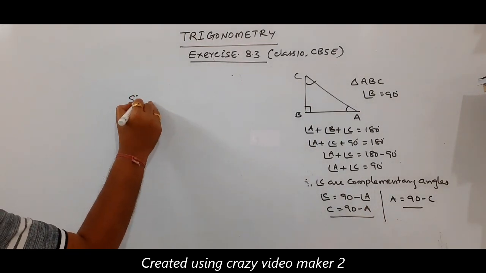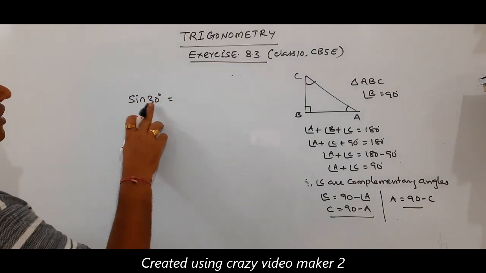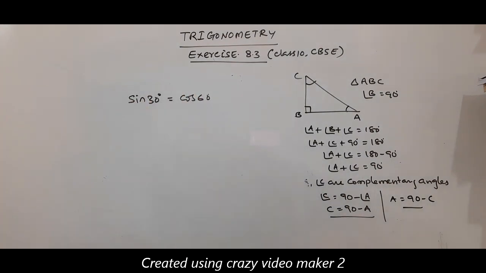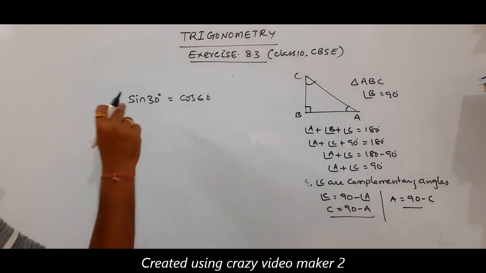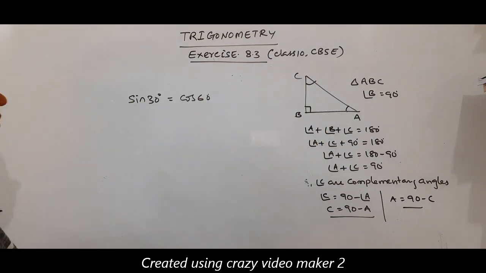Suppose sine 30 degrees. Sine 30 degrees you can write as cos 60. How can you write this? Here C is 30 and A is 60, for example.